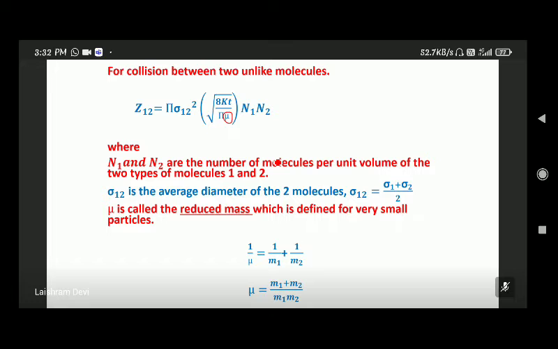How reduced mass is different from average mass is, average mass m average is equal to m1 plus m2 divided by 2. Average mass will be given by this, right?